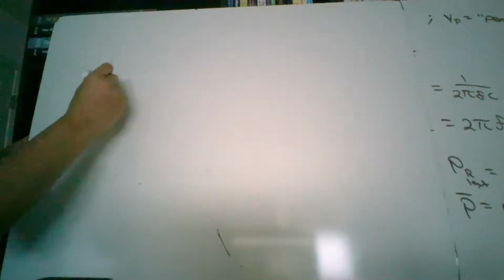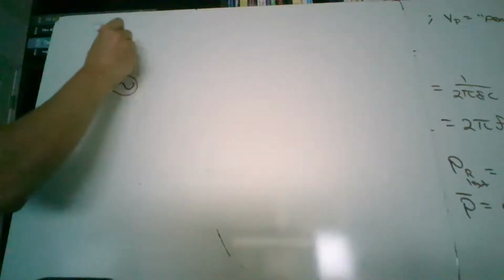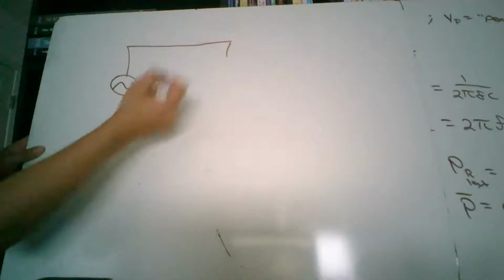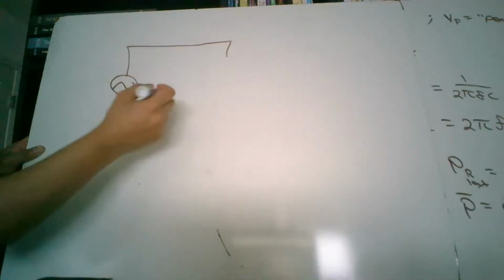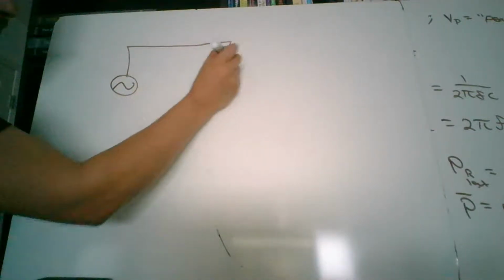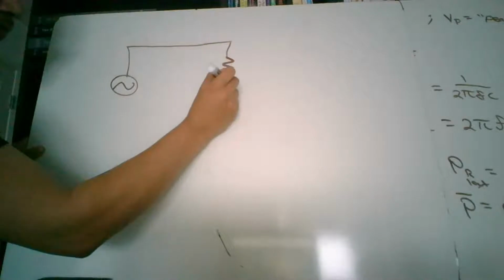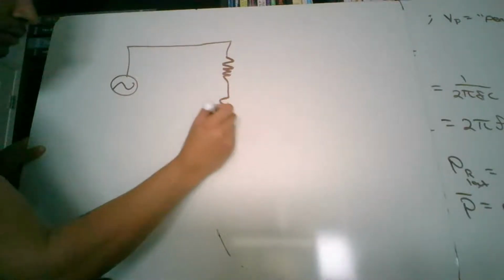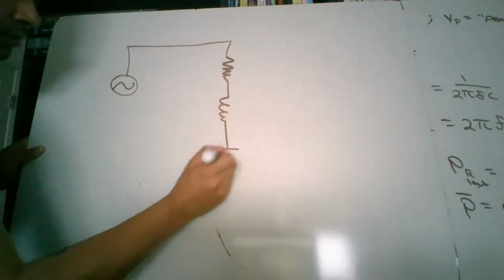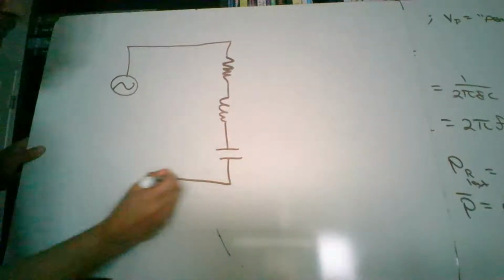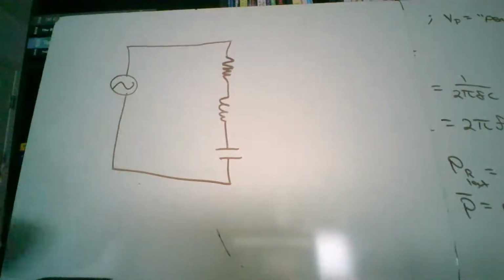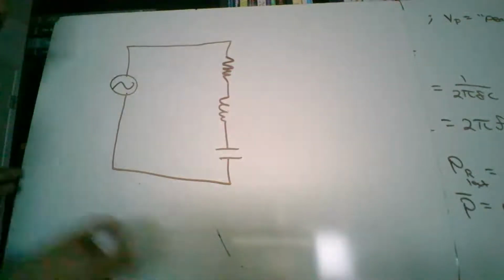So if we had an RLC circuit with an AC power supply, we would get something that looks like this. We've got the resistor, the inductor. You're going to have three different voltages.